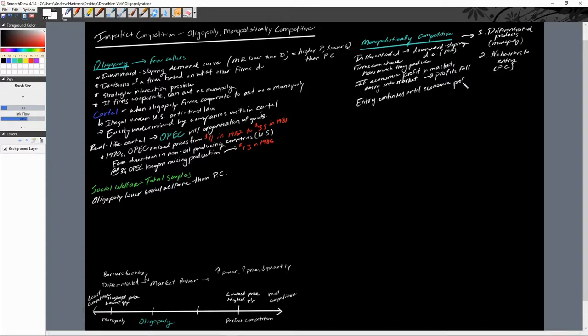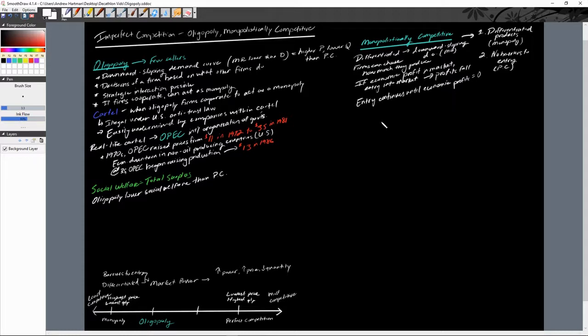Since it is a no-barriers-to-entry type of market, you're going to see every firm possible try to capture those economic profits. And if profits do fall below zero, you will see exit until it goes back up to zero.